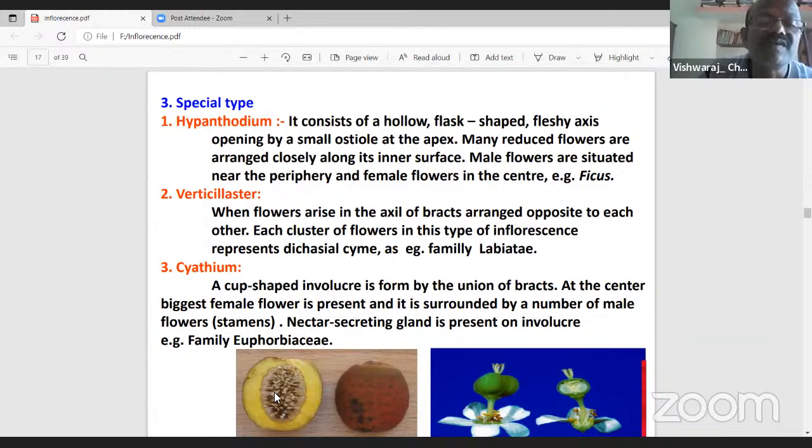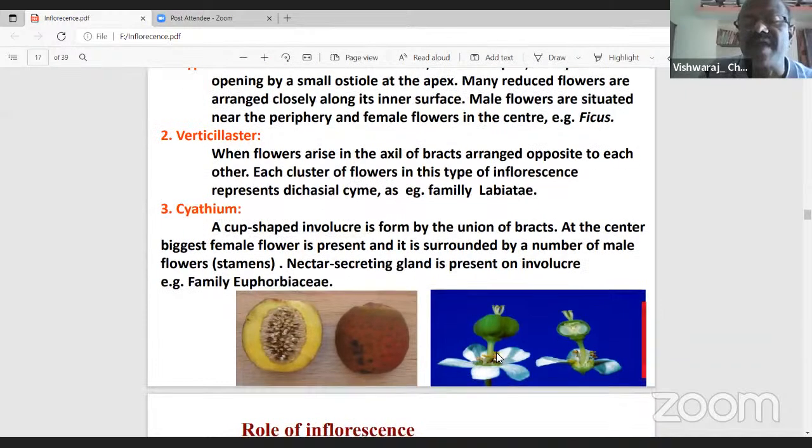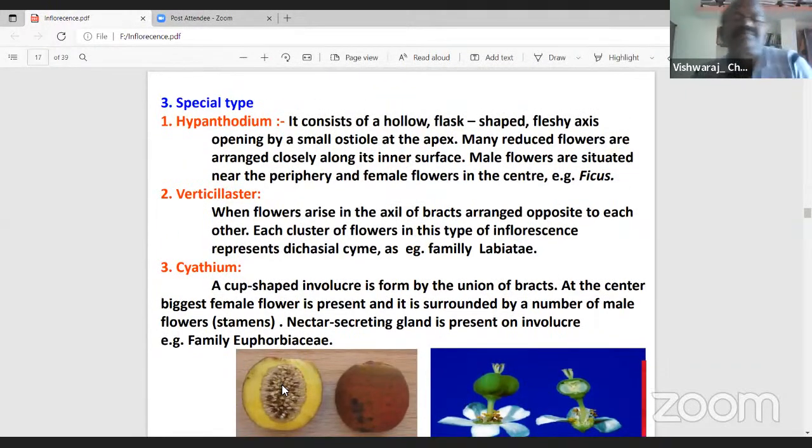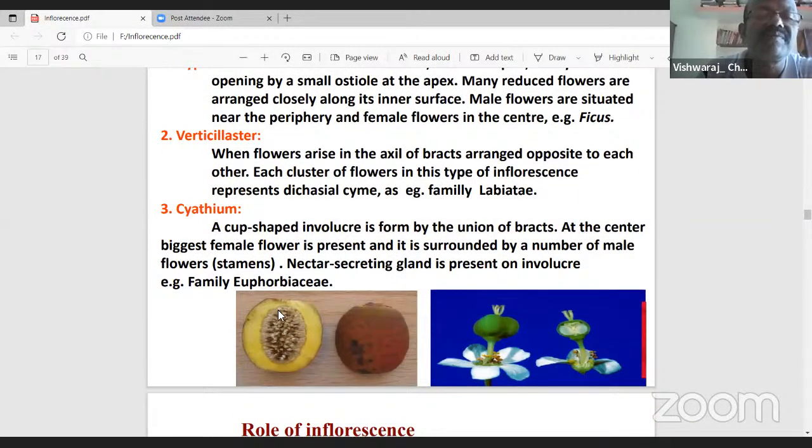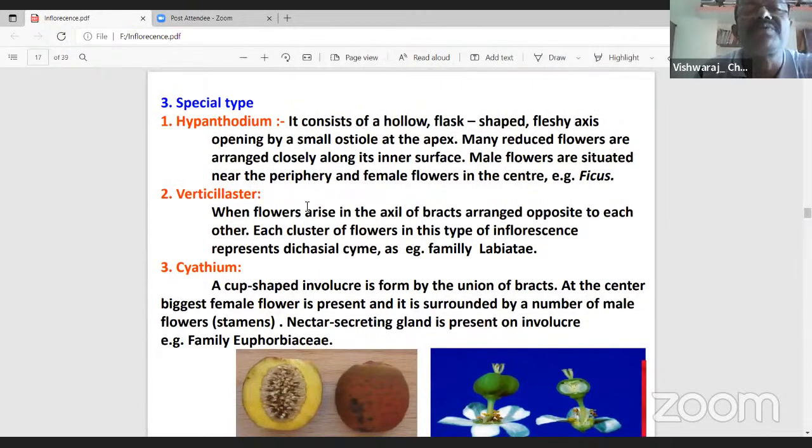This is unique: otherwise flowers are produced on a branch, but in Ficus the flowers are produced inside the fruit. That is a Hypanthodium. Two types of flowers, male flowers centrally and female flowers peripherally, develop in this hollow structure.